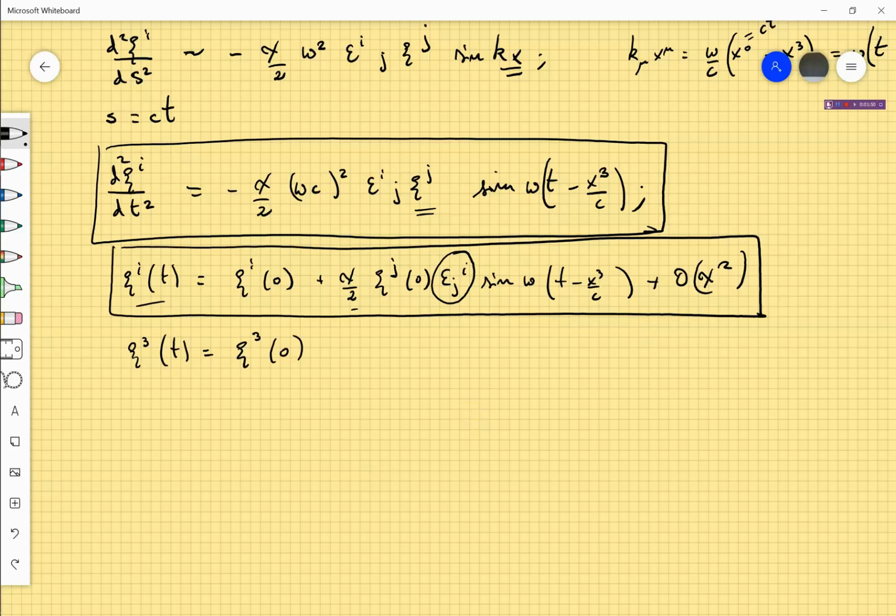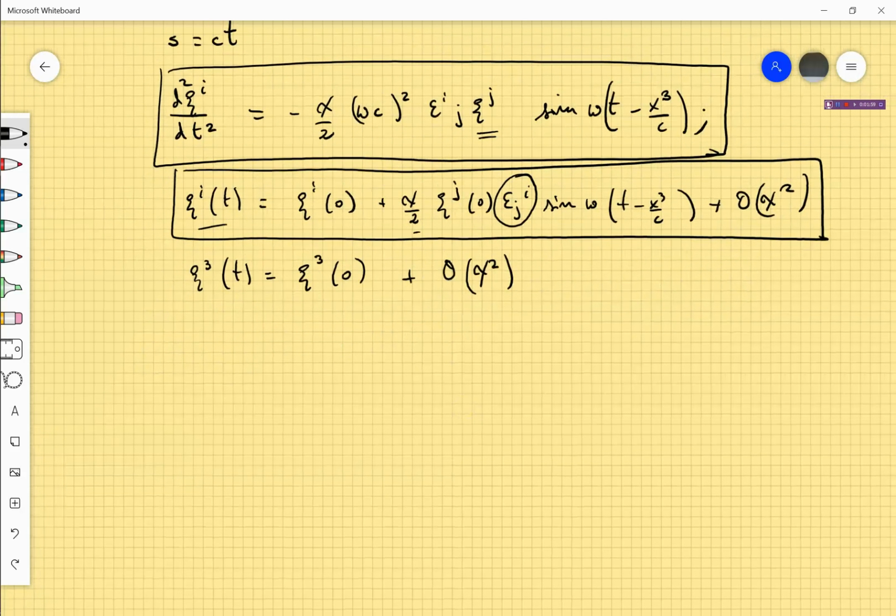There is no deviation in the third direction to first order in chi, of course. So we have to study just psi 1 and psi 2. These we are going to call x and y.